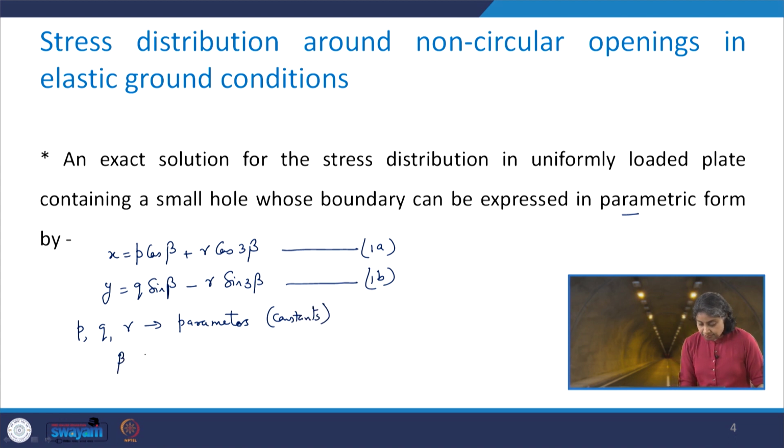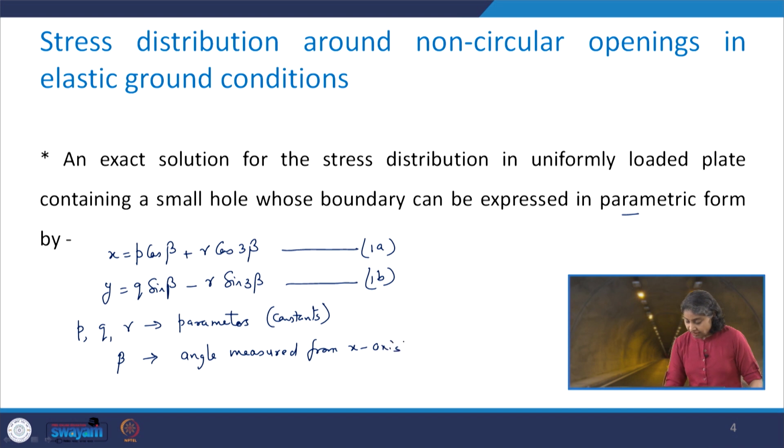and beta is the angle which is measured from the x axis. So basically this is how the axes are taken. This is your x axis and this is y axis, and this beta angle will be measured from the x axis.